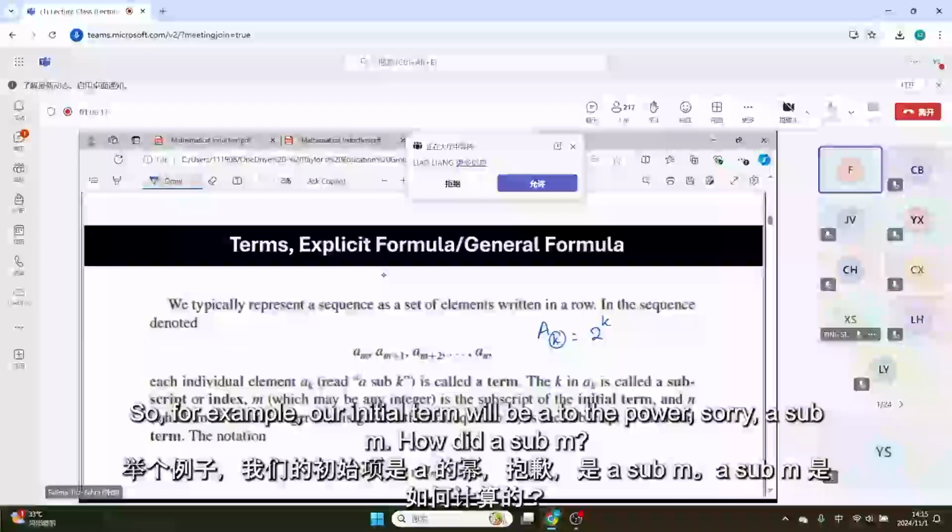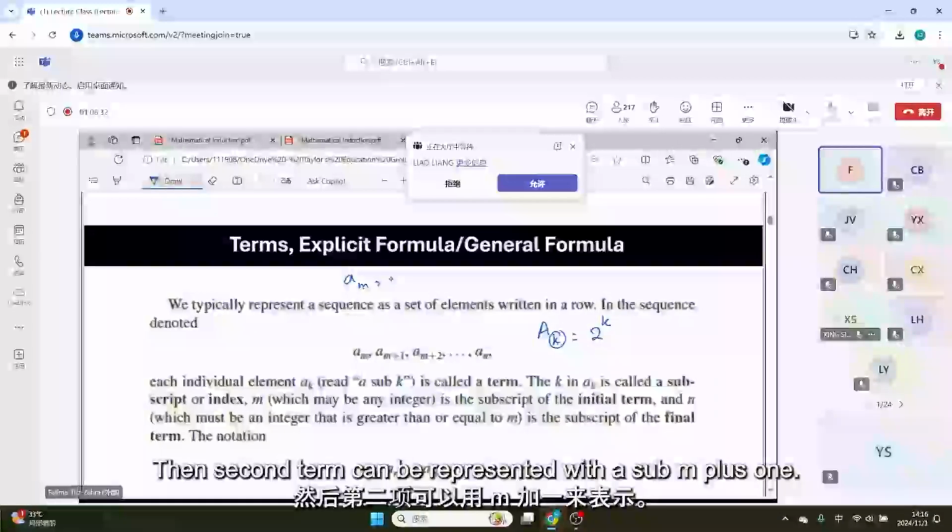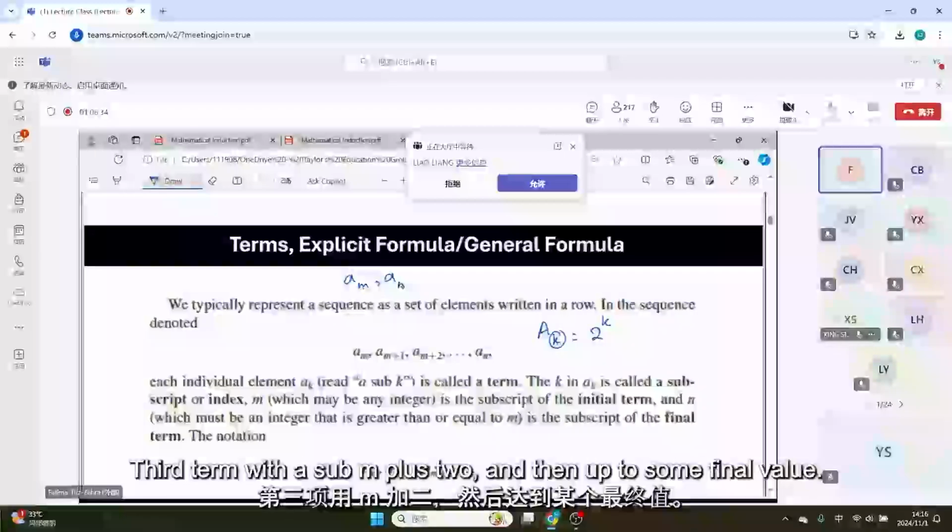So for example, our initial term will be a sub m. How do we read it? A sub m. Then the second term can be represented with a sub m plus 1. The third term with a sub m plus 2, and then up to some final value.